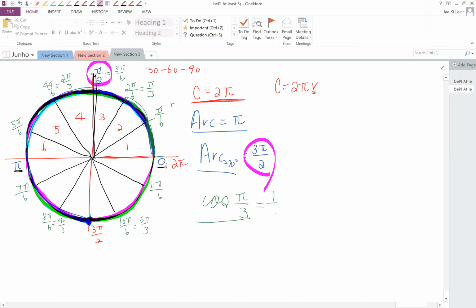So pi over 3 is right here. If you remember the ordered pair at 60 degrees, the 60 means basically pi over 3, then that becomes 1 over 2. And what about sine 5 pi over 3?